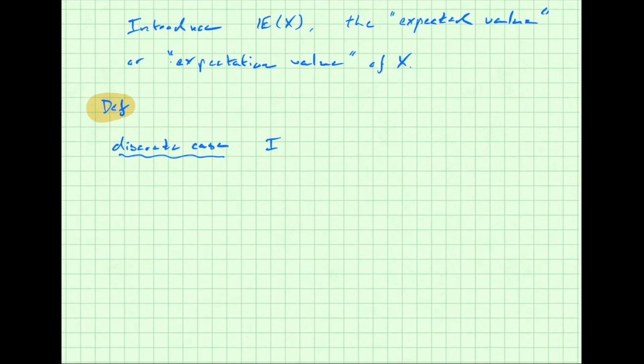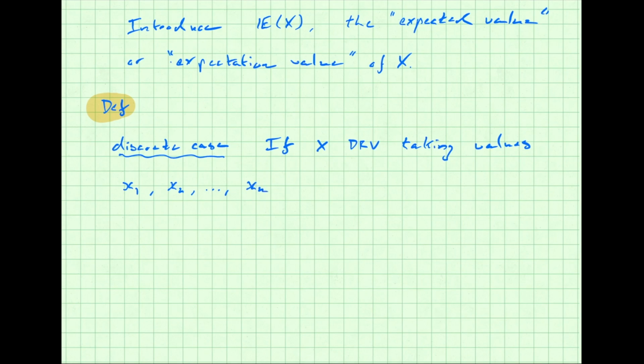So we say, okay, if x is a discrete random variable, and it takes on values x1 or x2 and so on up to xn.